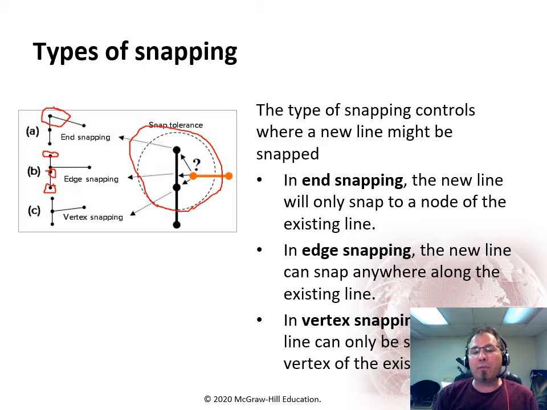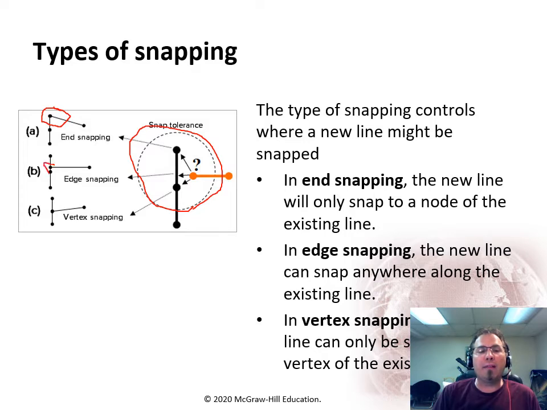However, it gives you some flexibility, whereas end snapping is a bit more specialized, where it's only going to let you do it to the end. And that might be the case sometimes, but vertex snapping is probably usually the best way to go, unless it is something like edge snapping. But in a real world scenario, you can imagine that with edge snapping, where do you put this?